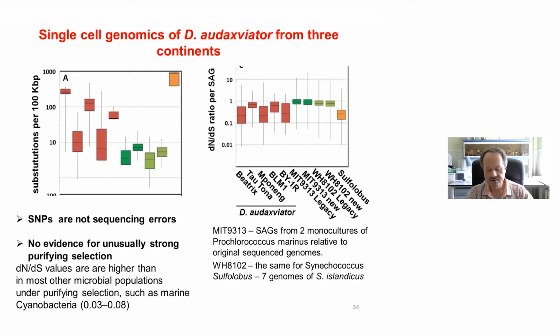As a control, several single cells of bacterial cultures were sequenced, and they appeared to be much more identical. We also found no evidence for unusually strong purifying selection. dN/dS values for Desulforudis were higher than in most other microbial populations under strong purifying selection, such as, for example, marine cyanobacteria.